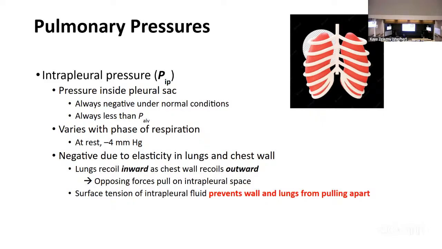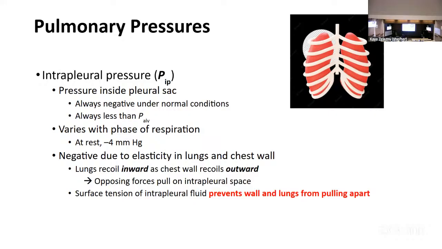Our parietal pleura on the wall, our visceral pleura on the lung, right? And they're continuous with each other. It's a sealed sac, a sealed bubble. And we've got that fluid inside. We've got a little intrapleural fluid in this sac so that the two sides are stuck to each other.